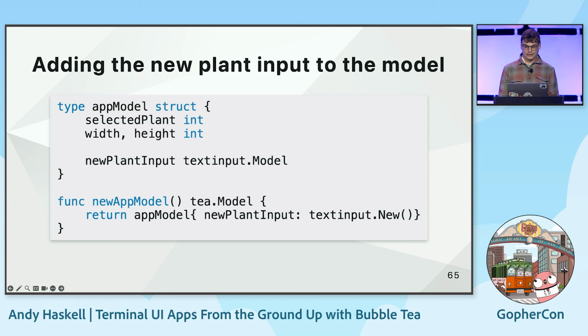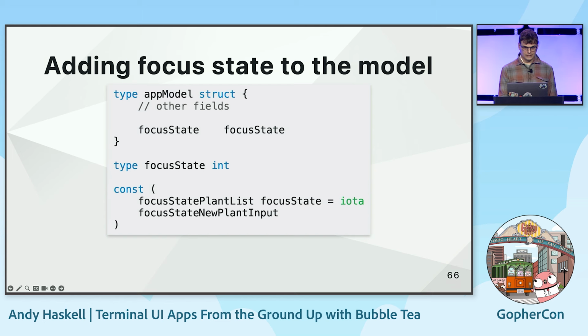And also, when we use a text input, we want to initialize it not using its zero value, but using the function textinput.New. So we're going to add a new function for initializing our app as a whole, which includes calling textinput.New. Now we've got our text input.